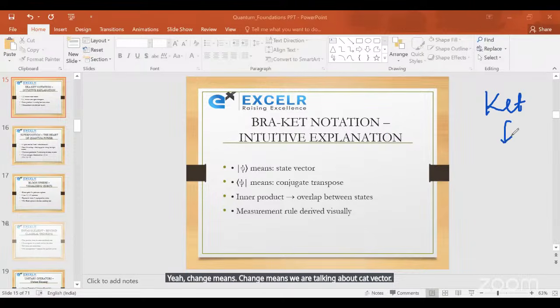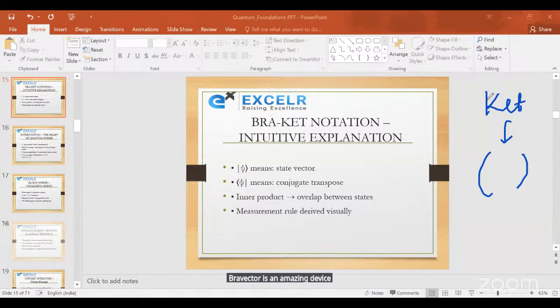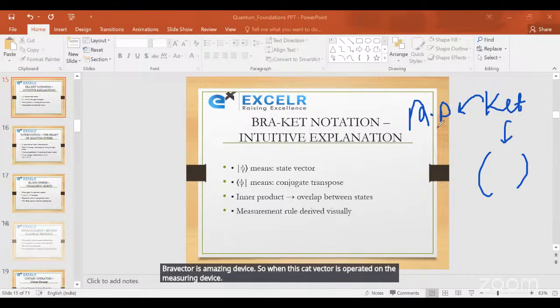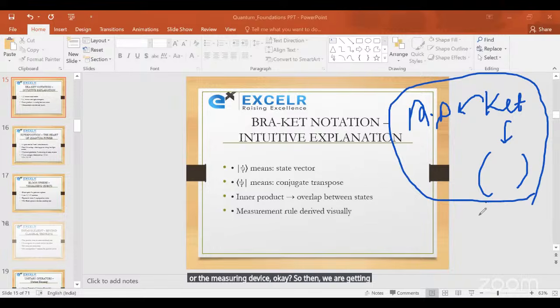Ket vector is a column vector, right? We can say state vector. It represents the state of an object. And bra vector is a measuring device. So when this ket vector is operated on by the measuring device, we get a scalar quantity.